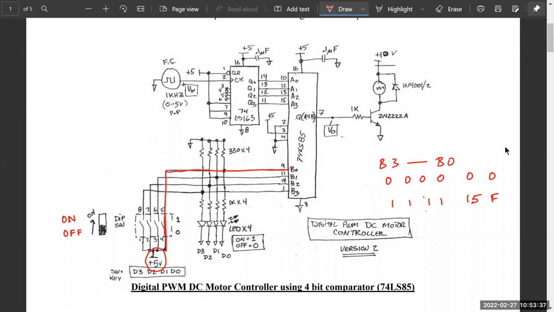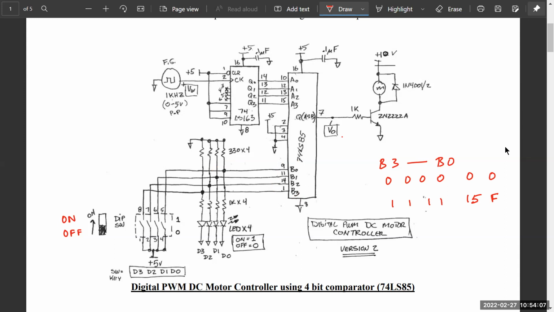Now, to save us the trouble of disconnecting this line: if this 330 ohm resistor was not there, then you'd have plus 5 volts connected directly to ground, meaning you'd have a short circuit in your power supply and you would end up blowing it out. So hence the resistor in there. So this is how we would set pin numbers B0 through B3 to zeros and ones.